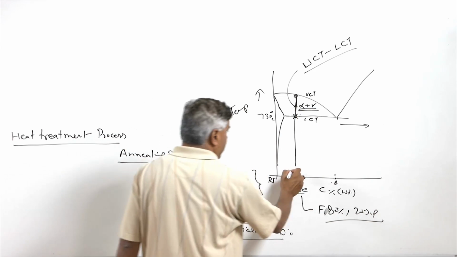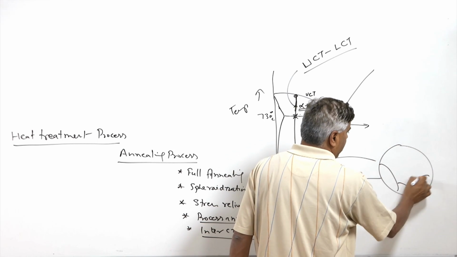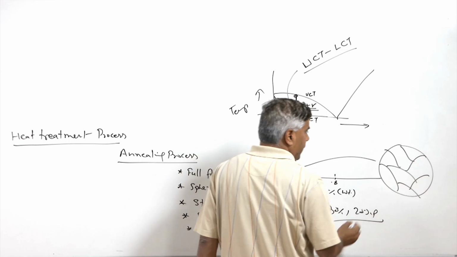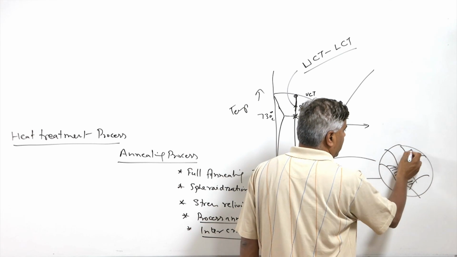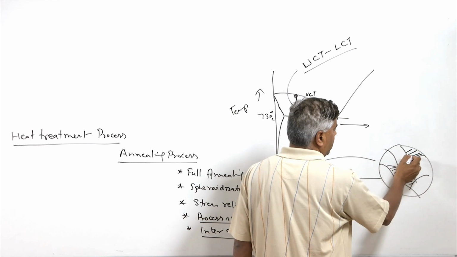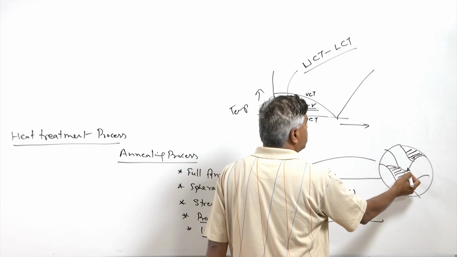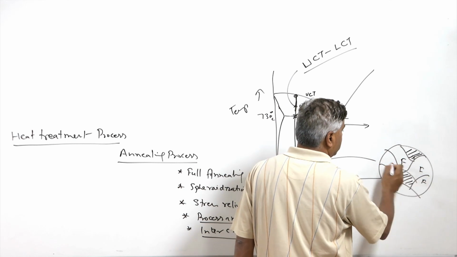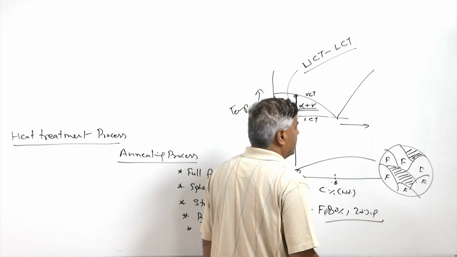For example, at room temperature, if the steel has a certain amount of ferrite and perlite, so this is the perlite grain at room temperature. On heating, both these perlite grains and some of the ferrite grains will also convert into austenite on heating up to the intercritical temperature range.